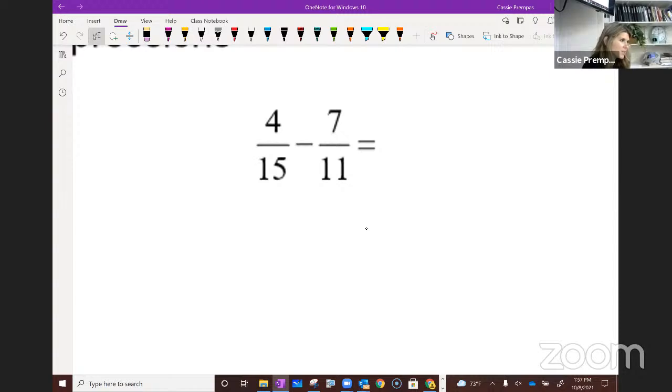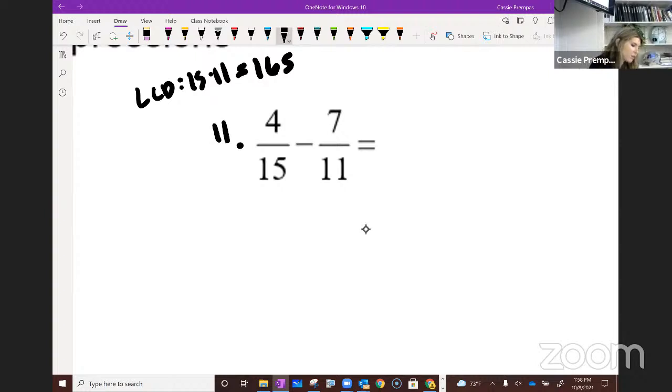What's the least common denominator between 15 and 11? Nice. It's 15 times 11, it's 165. They don't share anything. If they don't share any factors, then you just multiply them by each other. So I'm going to multiply this guy by 11 over 11, and this guy by 15 over 15.